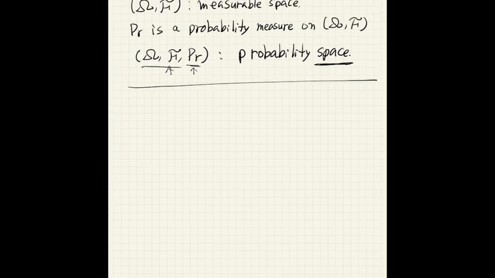Probably in high school you might have learned that probability is something like relative frequency. So you do some experiments and count the number of some events and divide by the total number of events. And that was interpreted as probability. Or it can also be interpreted as strength of belief.